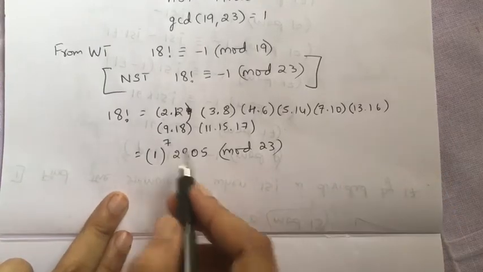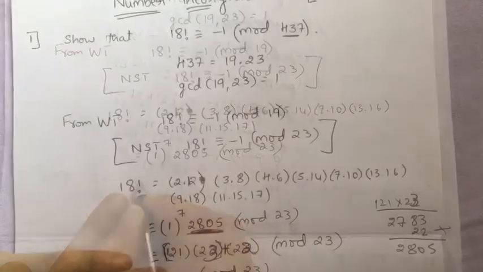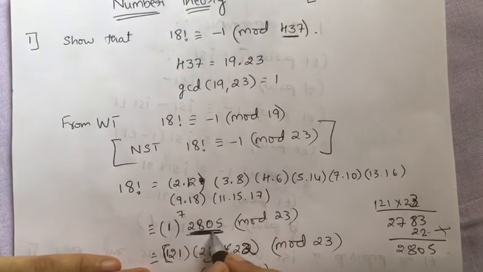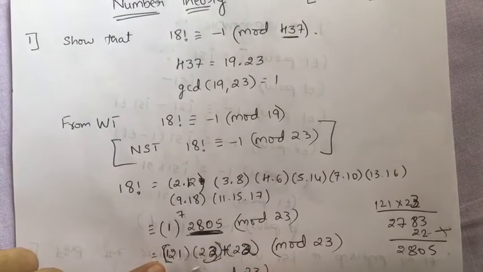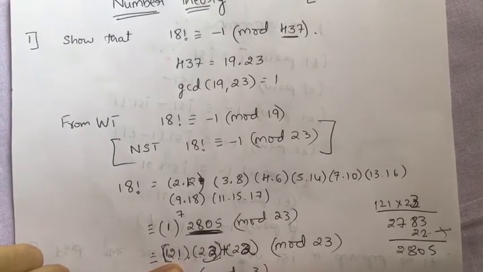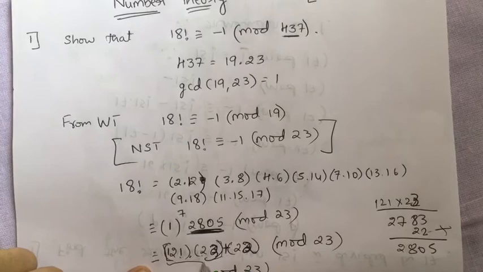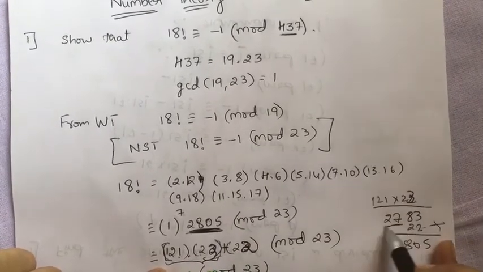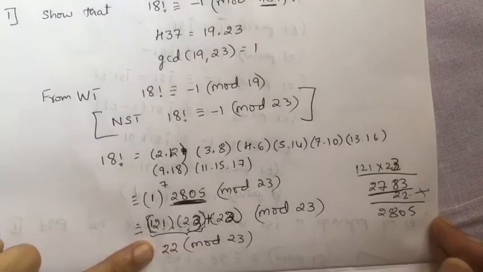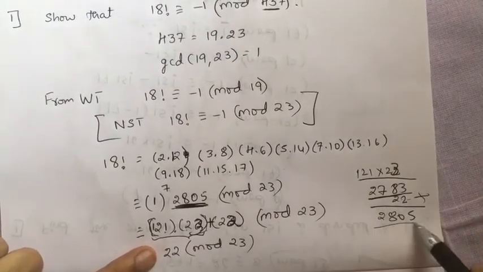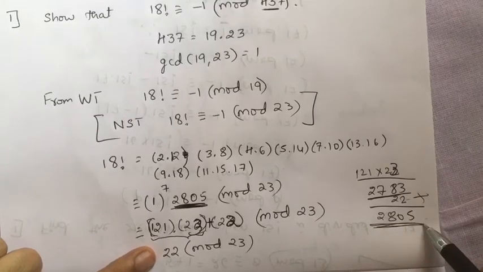Now this 2805 I can write as 121 into 23 plus 22, because 121 into 23 comes out to be 2783. If I add 22 to this, it becomes 2805.